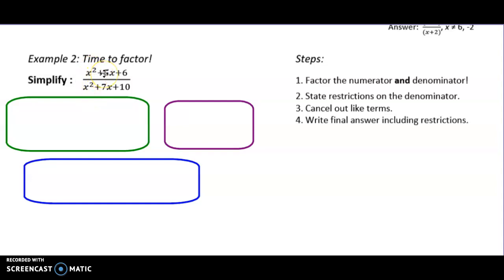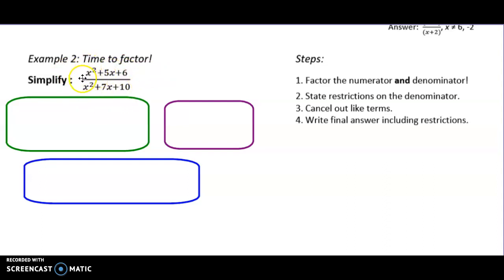But I cannot cancel those out, because it's x squared plus 5x, and it's x squared plus 7x. Remember, adding and dividing are not opposite operations. So I cannot cancel out things that are added together by dividing. That's why we need to factor, because we need things that are multiplied together that are alike in order to cancel them. So the first thing you do is to factor the top and factor the bottom.